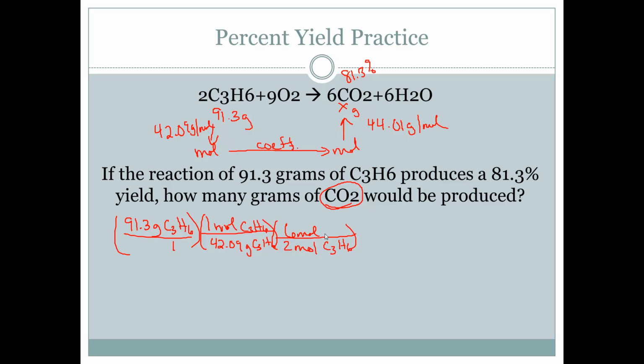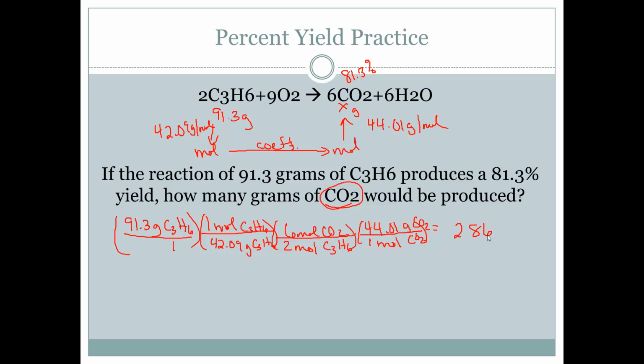Then for every 1 mole of CO2 that we make, we can have 44.01 grams of CO2. So 91.3 divided by 42.09 times 6 divided by 2 times 44.01 comes out to be 286.4 grams of CO2.